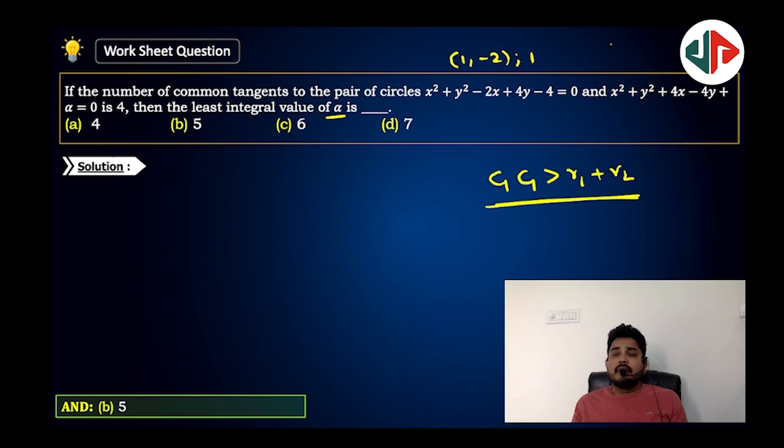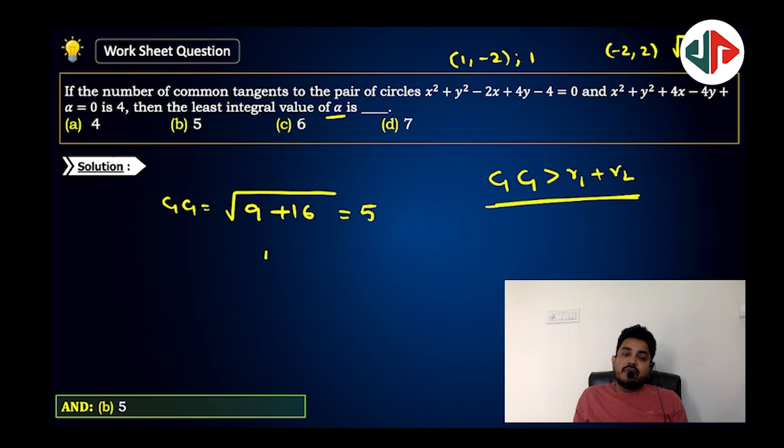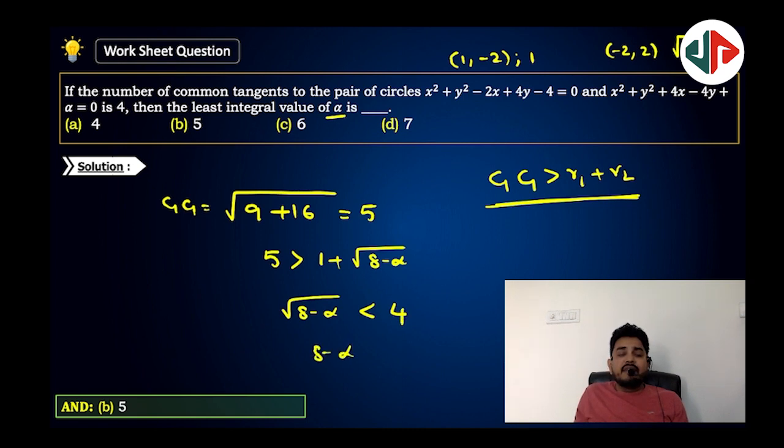For the second, center is minus 2 comma 2 and radius is root over 4 plus 4 minus alpha, 8 minus alpha. So C1C2 distance is equal to square root of 9 plus 16, which is 5. So 5 should be greater than 1 plus root over 8 minus alpha. So root over 8 minus alpha should be less than 4. 8 minus alpha should be less than 16.